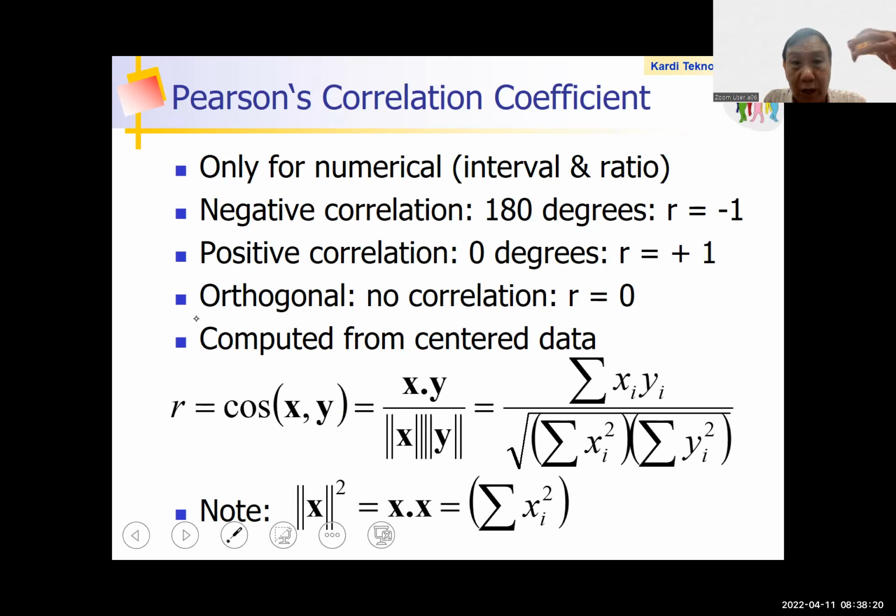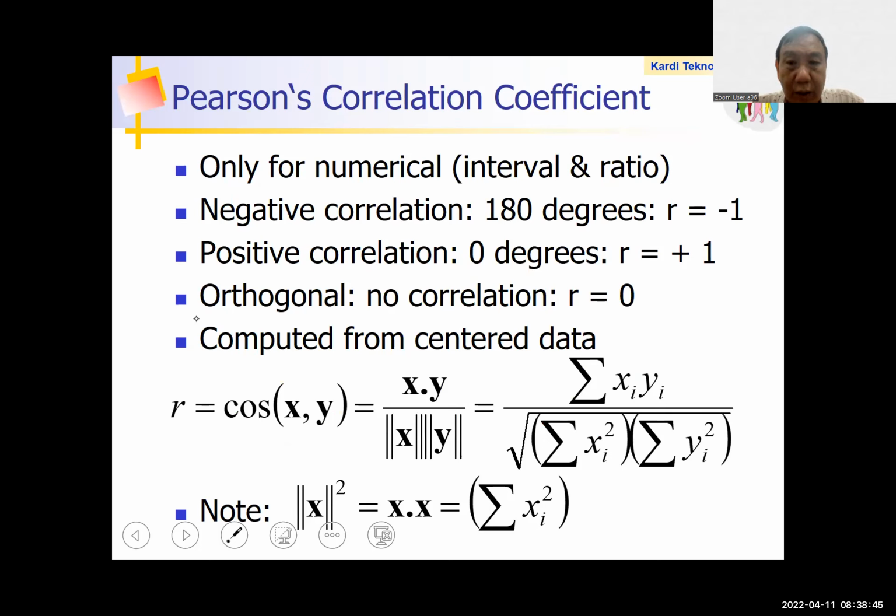Next, we can also have what is called correlation. This is an index between numerical values, which is quantitative data, so either interval or ratio. If the correlation is between 0 and -1, you have negative correlation.